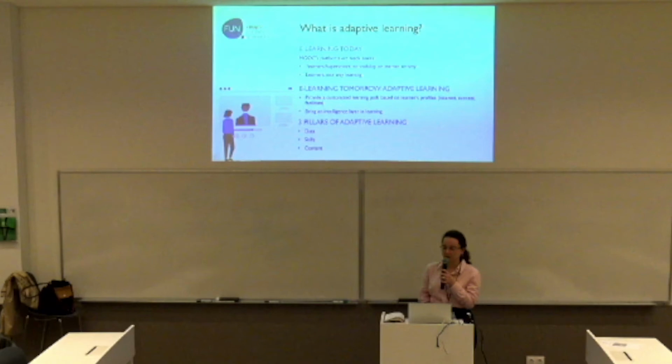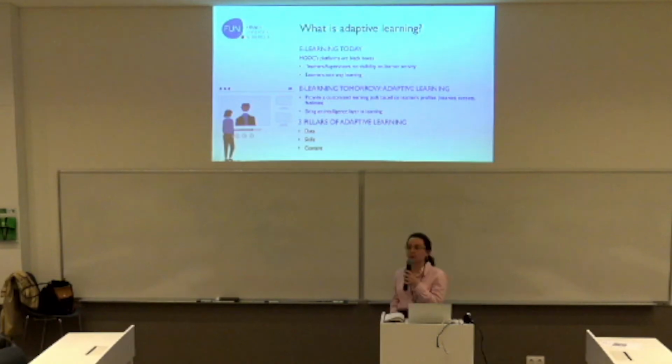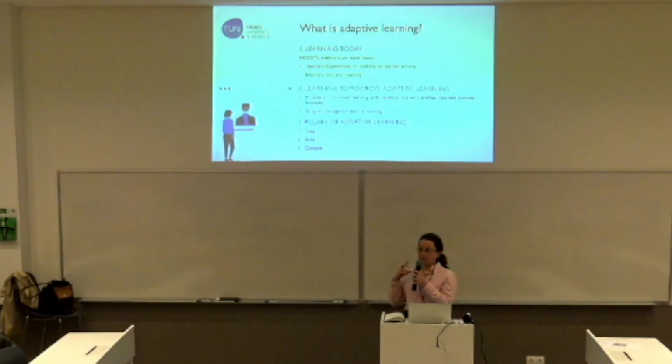Bringing adaptive learning into the e-learning world is about bringing an intelligence layer into learning. But before bringing intelligence, we need a structure that can support it. The three pillars of adaptive learning are data, skills, and content, and those will be the three themes of this presentation.